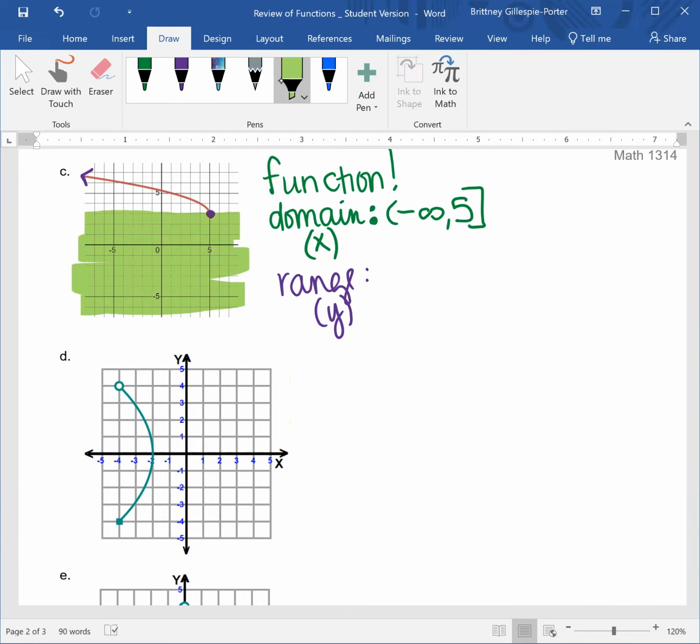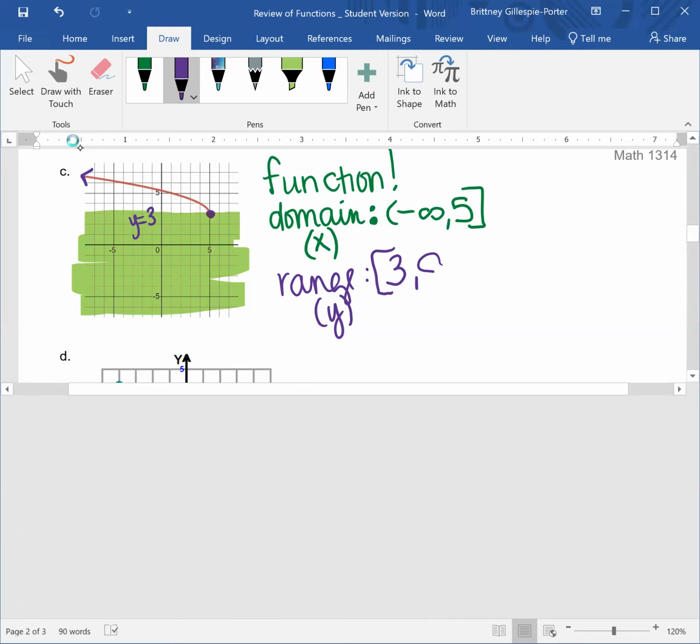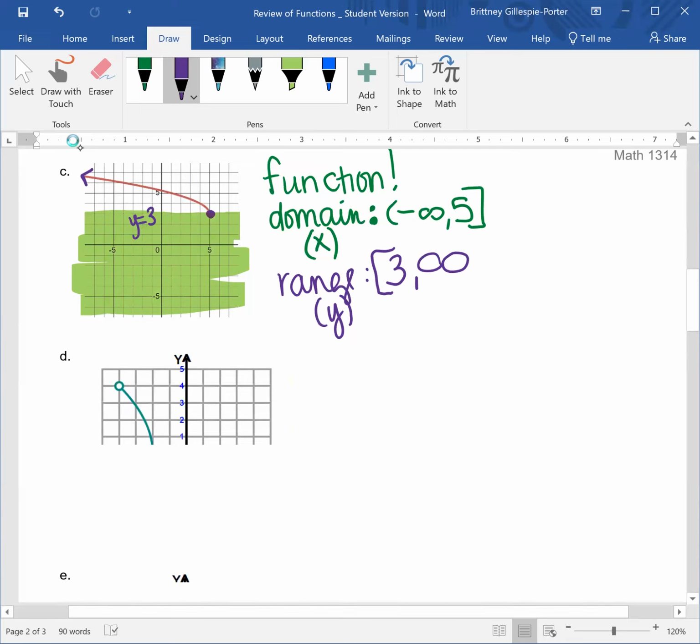We do not start moving our way up until y equal to 3, which means our range is going to start at 3 with a bracket because we have the ordered pair there. And then it's going to keep going up because of that arrow we have on the left-hand side. Yes, we're getting more and more negative on the x, but it is still going up, which means that we are going up in our y values, which means our range goes to positive infinity.